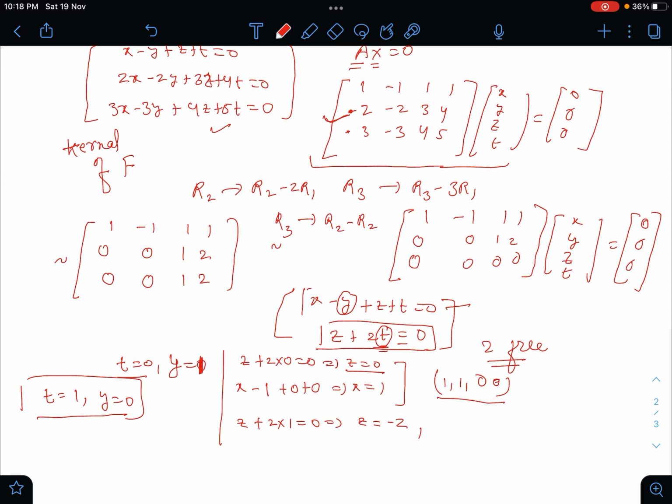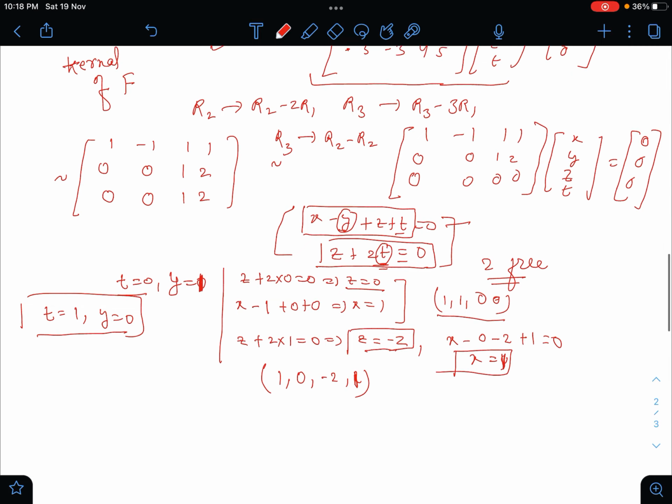And from the first equation, putting y = 0, t = 1 and z = -2, that means x - 0 - 2 + 1 = 0, that means x = 1. So we get the second vector as x = 1, y = 0, z = -2 and t = 1.